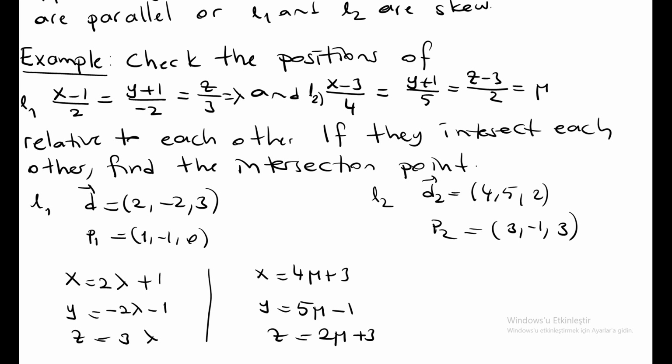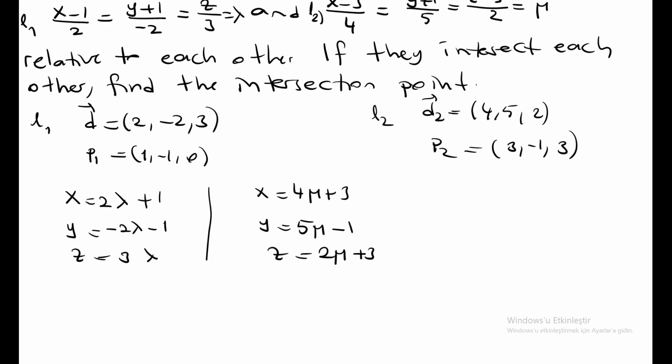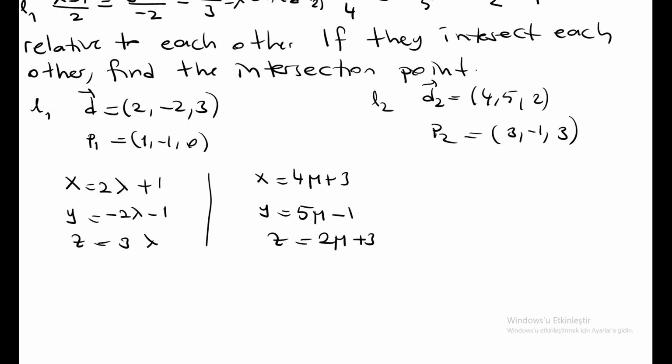Okay, so we have this system. From this together, 2 times lambda minus 4 times mu equals 3 minus 1, 2. And −2 times lambda minus 5 times mu, so this will be 0.